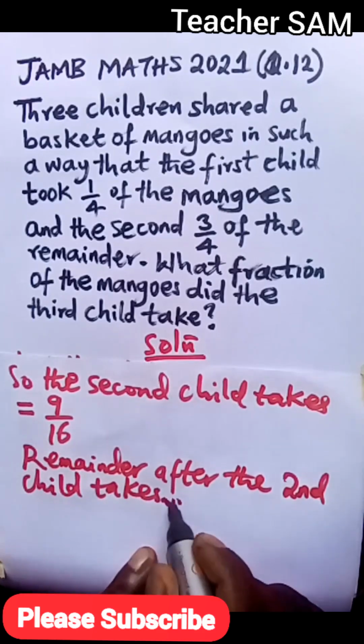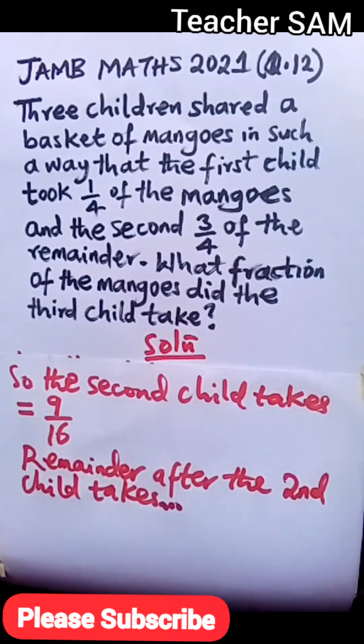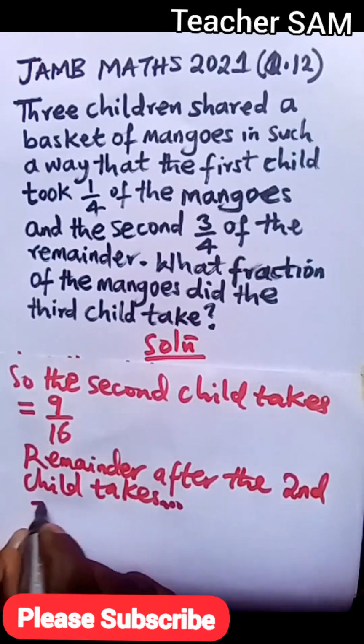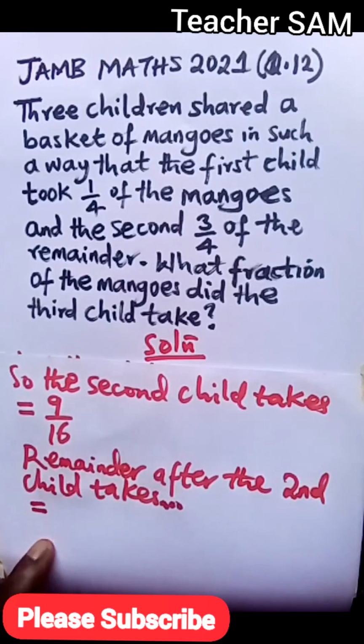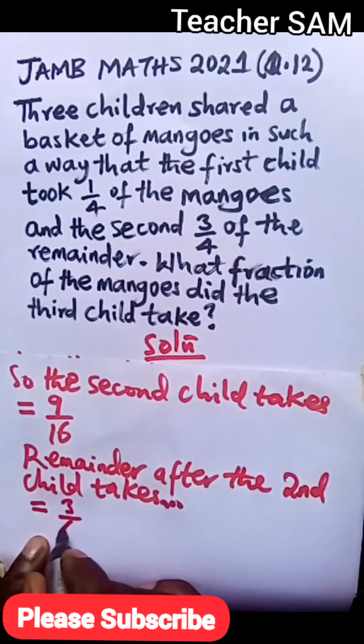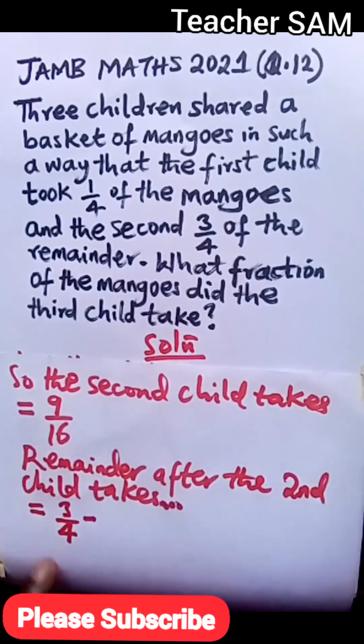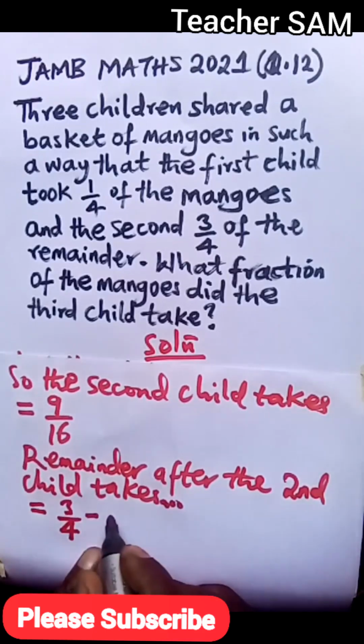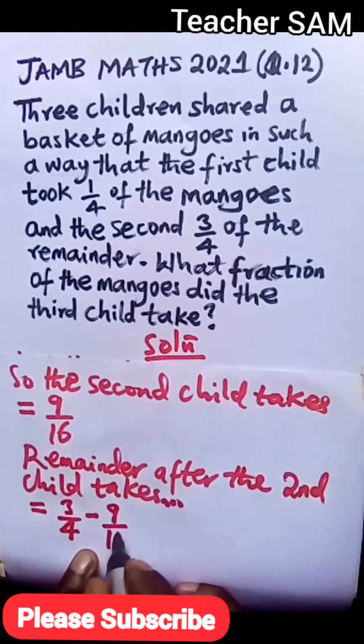That is why I just put a dot. It means that this statement continues. So the remainder will now be equal to what was remaining after the first child took, which was 3 over 4, minus what the second child took, which is 9 over 16.